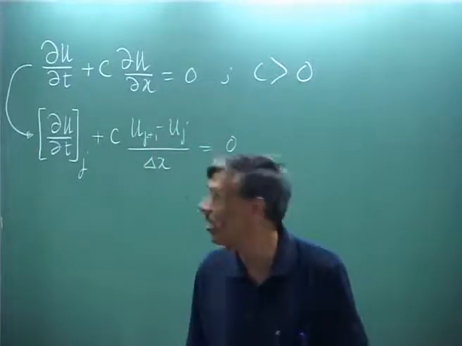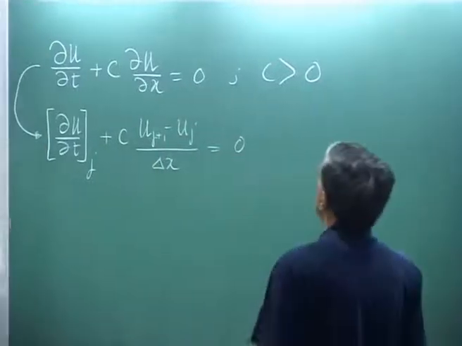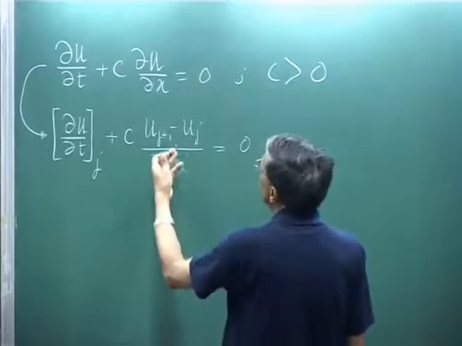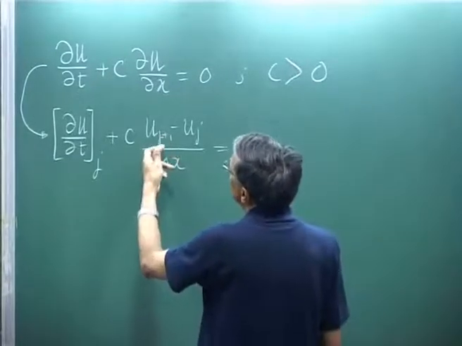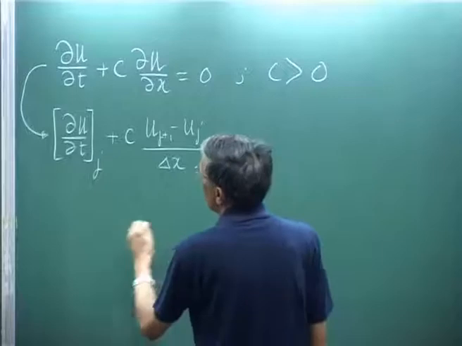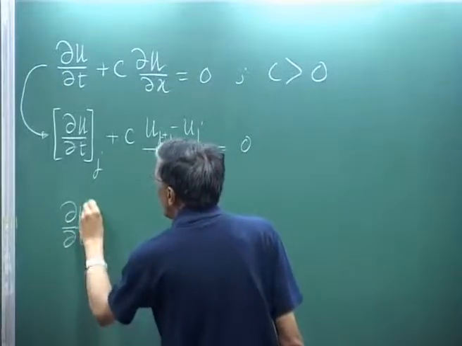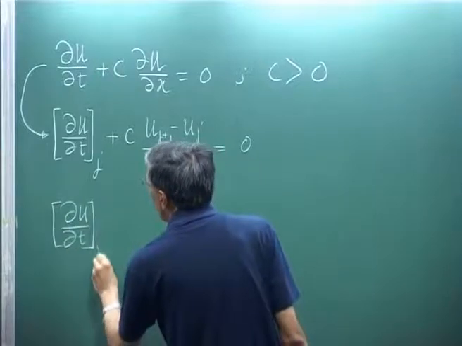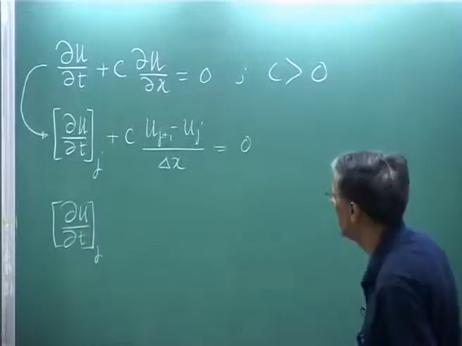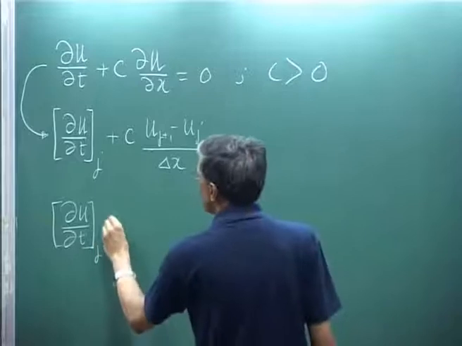Now, to understand what you are doing, what you can do is write down the Taylor series of this term and observe what is the equation that we are in essence solving.